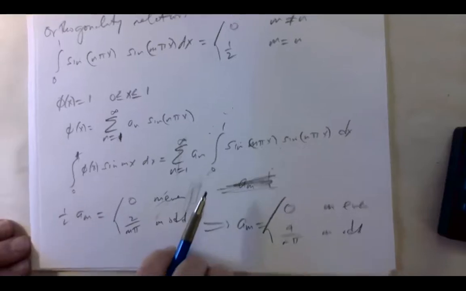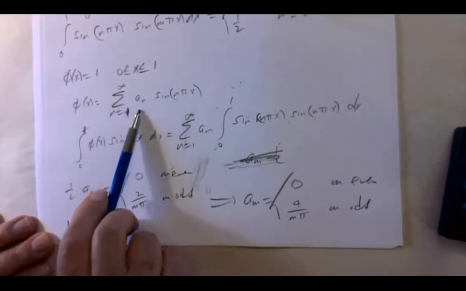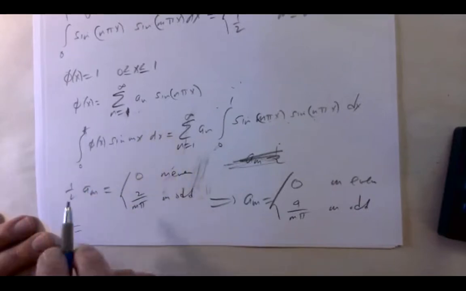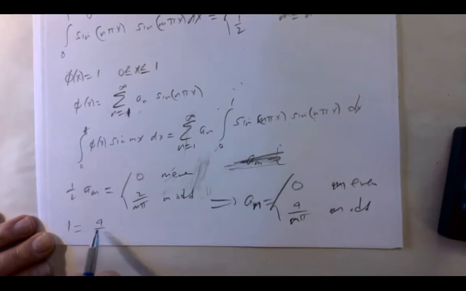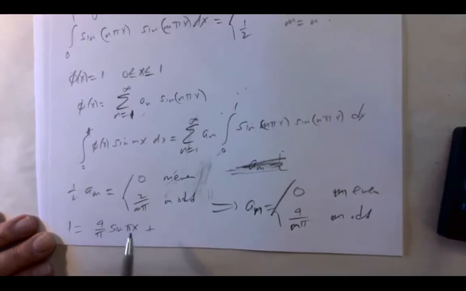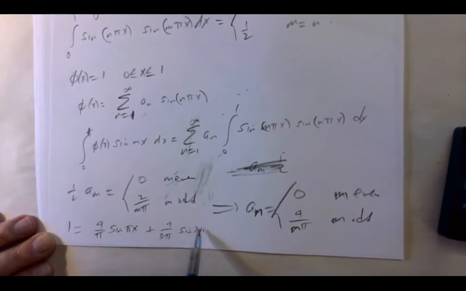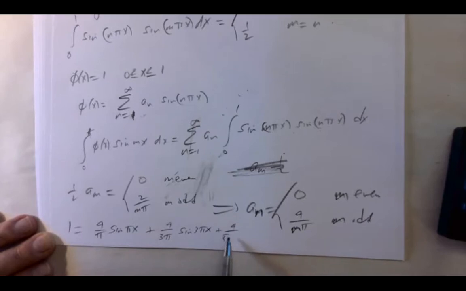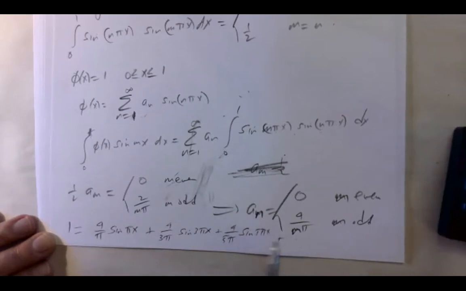and our Fourier expansion is 1 is equal to, we're only summing over the odd values of n, so I can change m to an n, that's just changing the letter, no big deal. So this is 4 over pi sine pi x plus 4 over 3 pi sine 3 pi x plus 4 over 5 pi sine 5 pi x, and so forth.